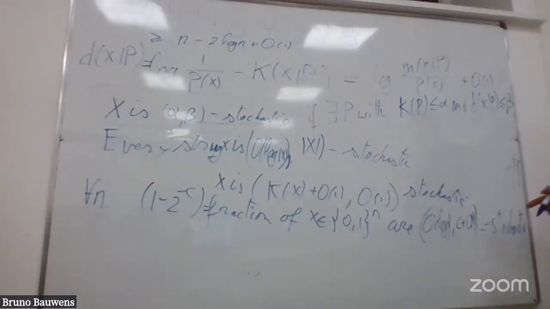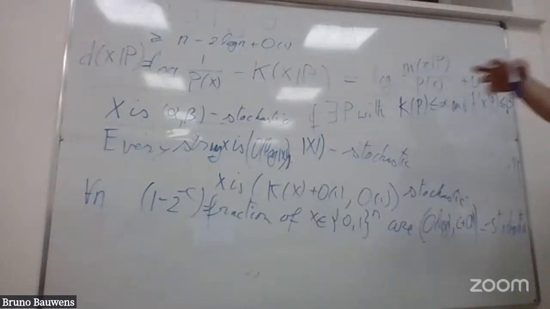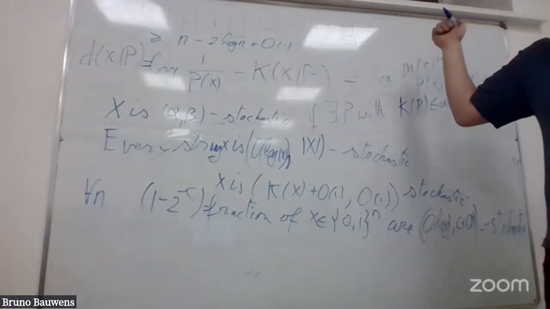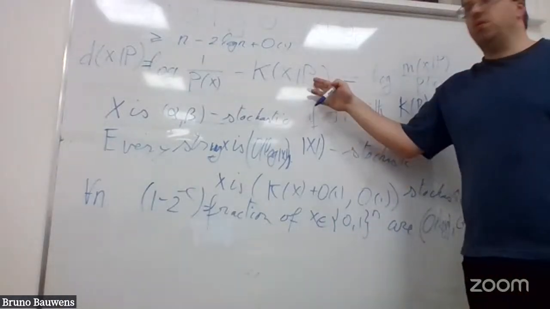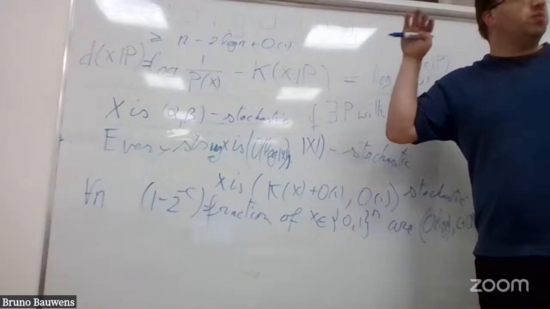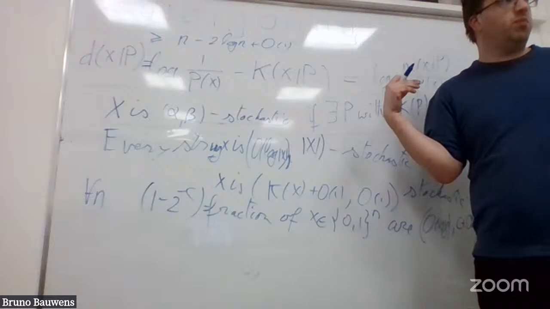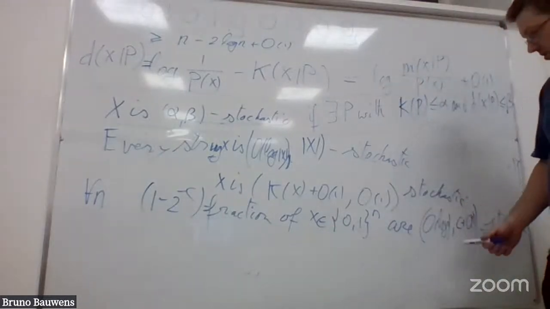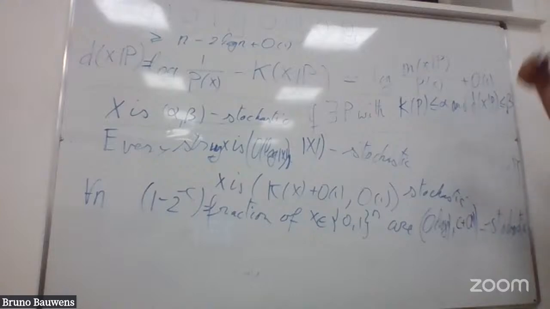Because if you really want to hit all of the strings, you cannot hit all of them, because of the all 0 sequence. Well, that's also O of 1 stochastic. But with this proof, we use P_n, the uniform distribution over n-bit strings. The all zero string is very non-stochastic for this distribution. So it means you pay in the second constant. You need to increase C, because when C becomes bigger than n, the all zero sequence is included in the proof.